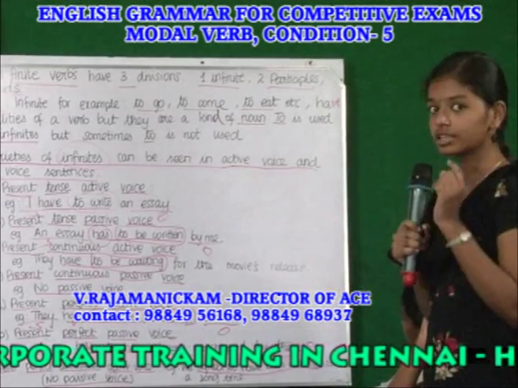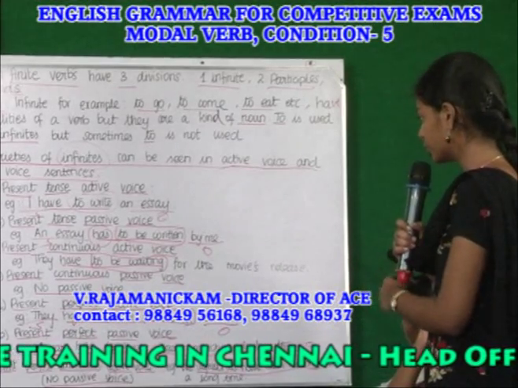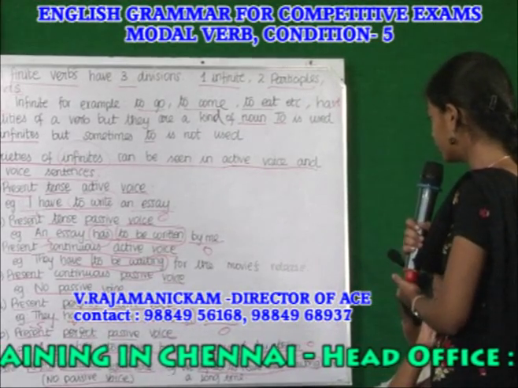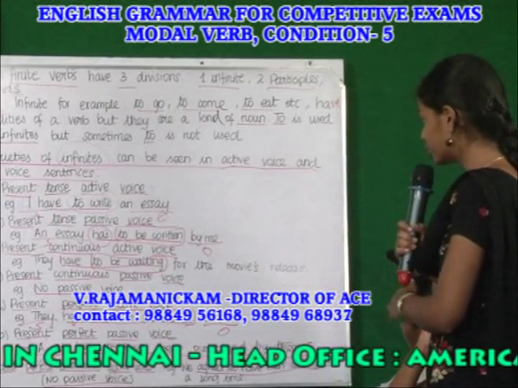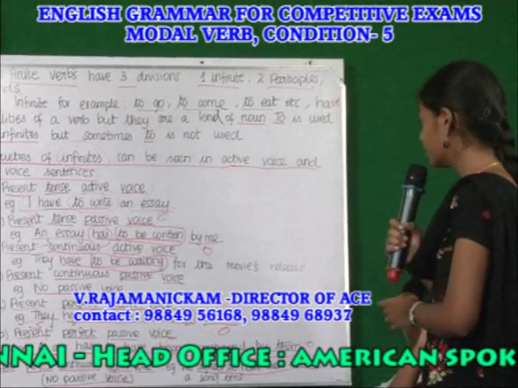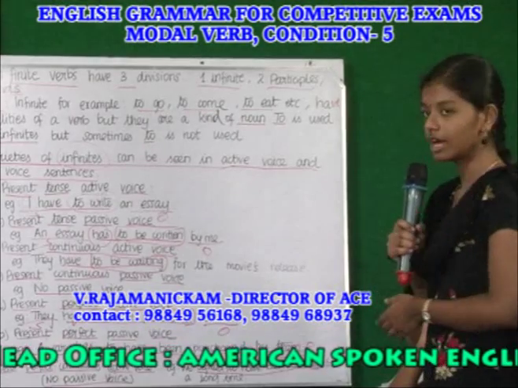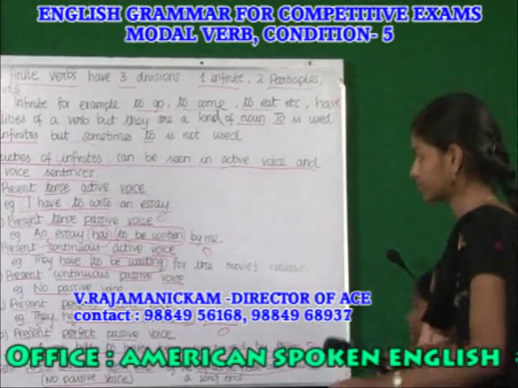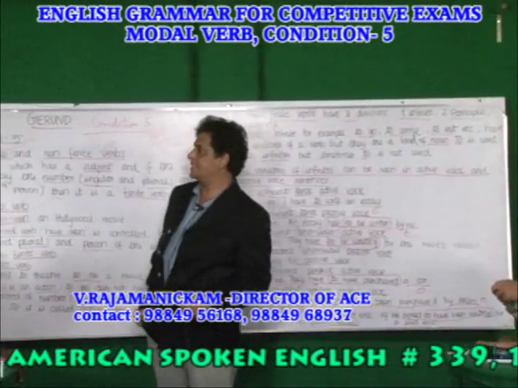A car is singular, so we have used has. Present perfect continuous active voice: we agreed to have been waiting for a long time. Here agreed is a finite verb because it is controlled by the subject we, but to have been waiting is not a finite verb. This also has no passive voice. Good, good. So in short she has summarized.